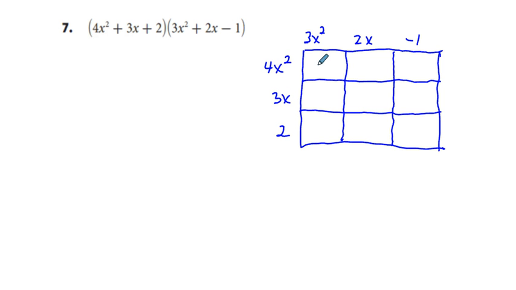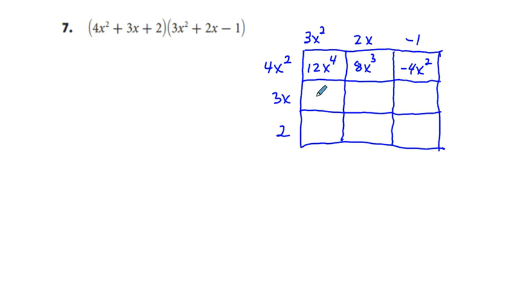I think they're right. So on the upper left, we have the product of 4x squared and 3x squared, which is going to be 12x to the 4th power. And we have 4x squared times 2x, which is 8x cubed. And then negative 1 times 4x squared would be minus 4x squared.